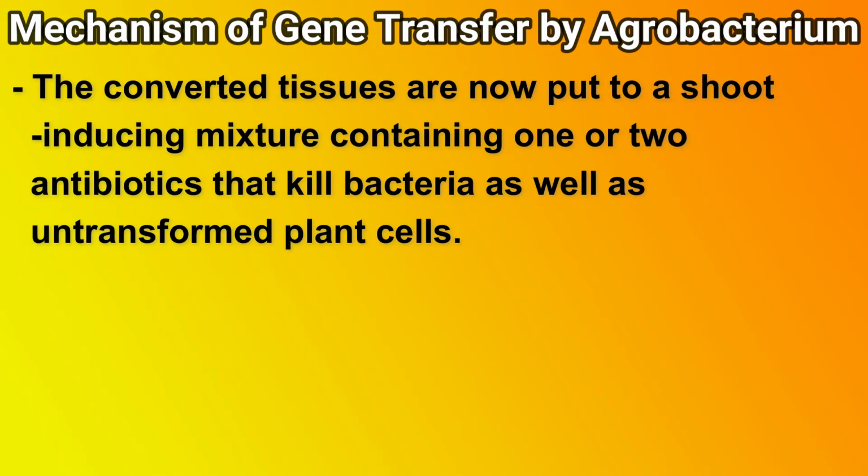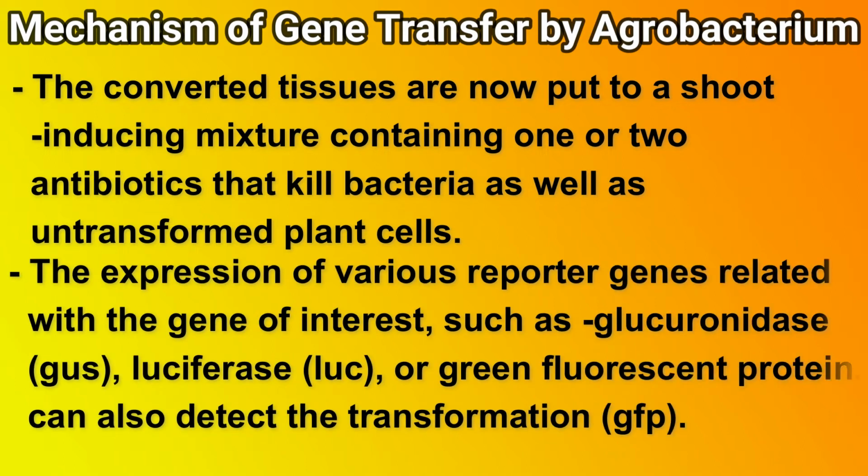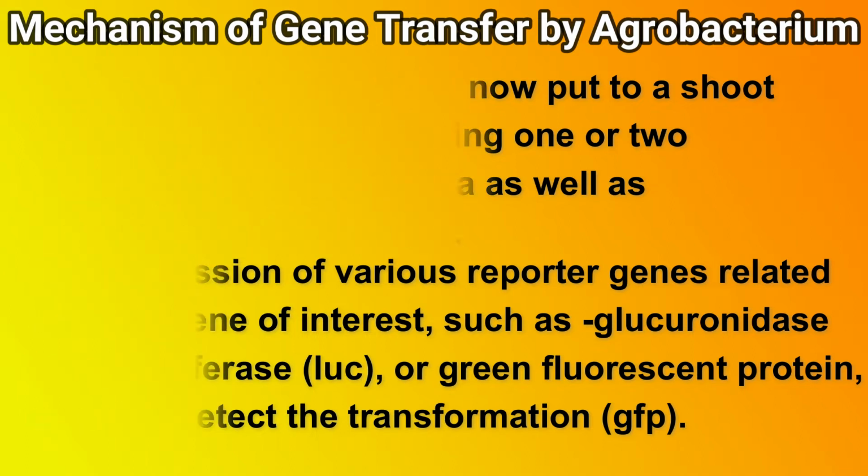Transformed tissues are then put in a shoot-inducing medium containing one or two antibiotics that kill bacteria as well as untransformed plant cells. The expression of various reporter genes associated with the gene of interest, such as glucuronidase, luciferase, or green fluorescent protein, can also detect the transformation.